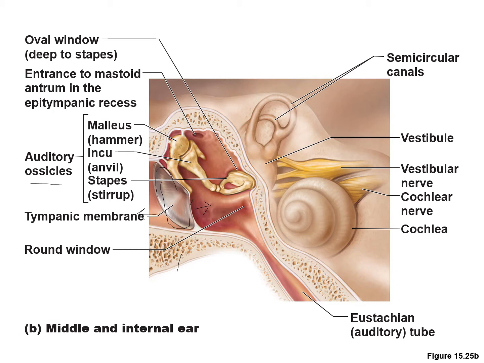And then we have the oval window, which is deep to the stapes. So the stapes is going to abut this oval window. And then we also have the round window. And essentially where the round window and the oval window line up is the boundary of that middle ear. And then of course the eustachian or auditory tube is going to proceed medially and inferiorly.